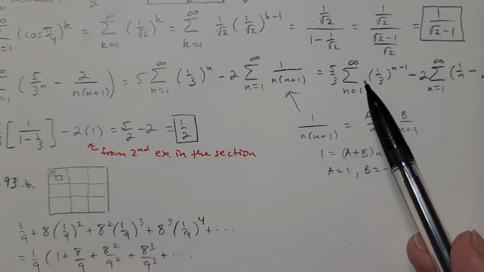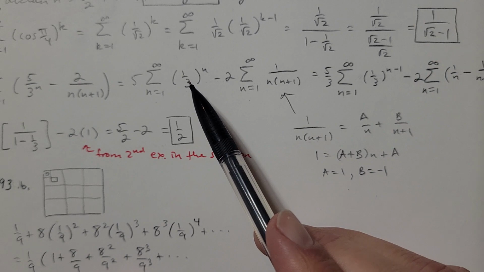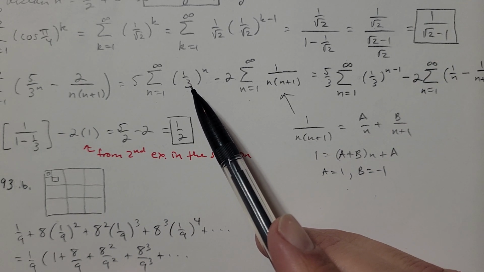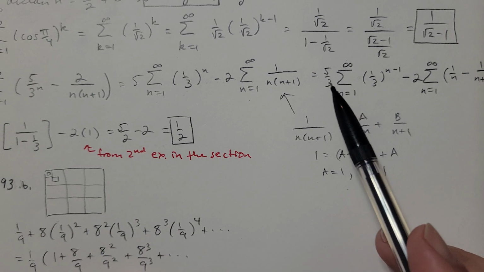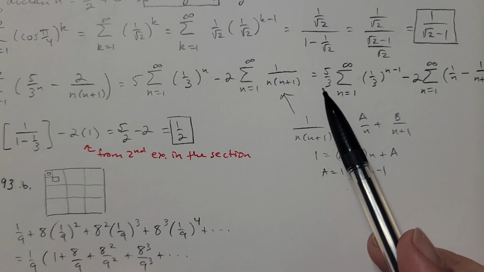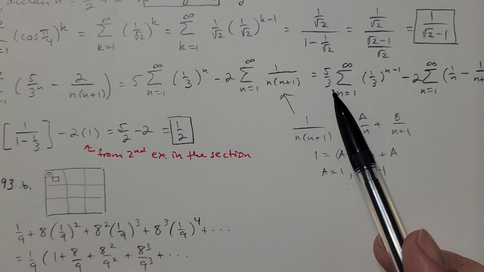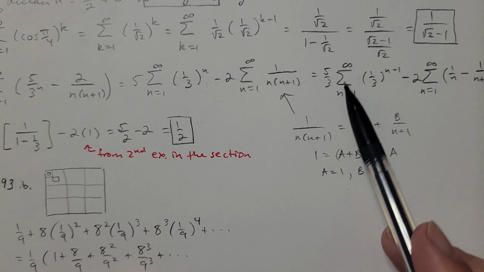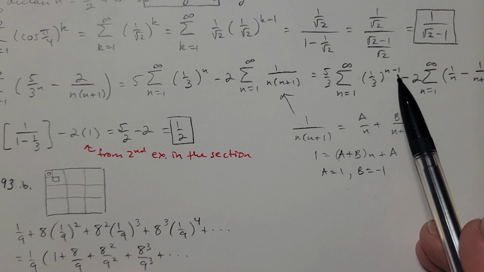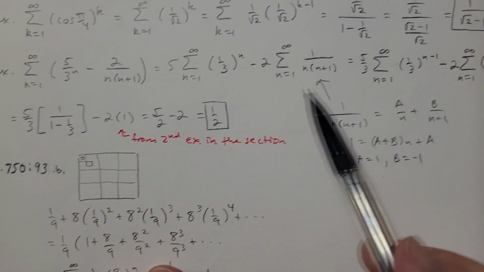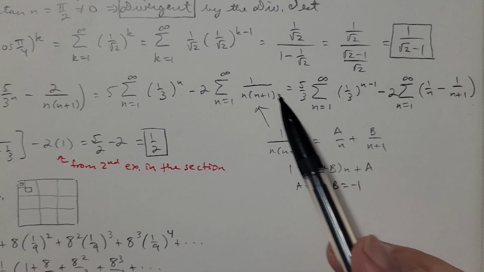So if we factor out a 1/3, I'm looking at 1/3 times (1/3)^(n minus 1). 1/3 is a constant that can come out of the series. So I'm going to have 5/3 times the summation as n equals 1 to infinity of (1/3)^(n minus 1), and I'll use the formula there on the next line.